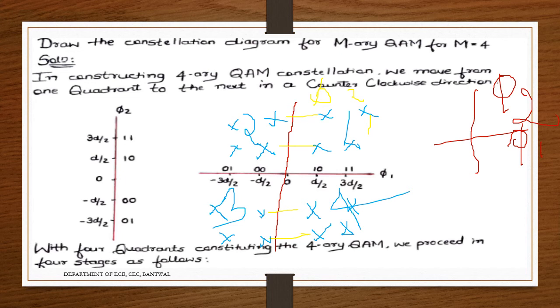This is a shortcut method we can tell. First we need to multiply these values, 1 0 1 0. That is the first step, 1 0 1 0, and like this we take 1 1 1 0.